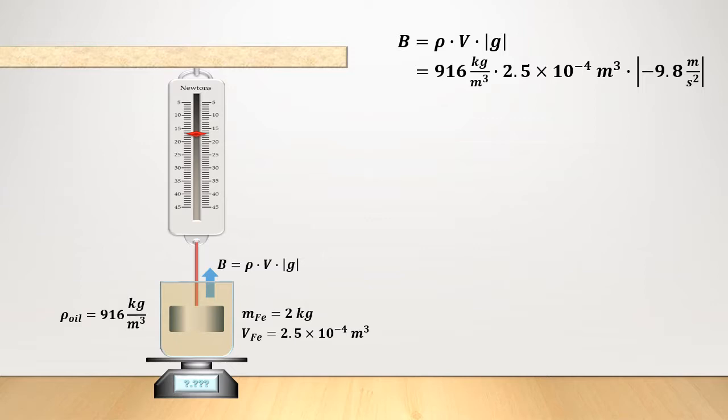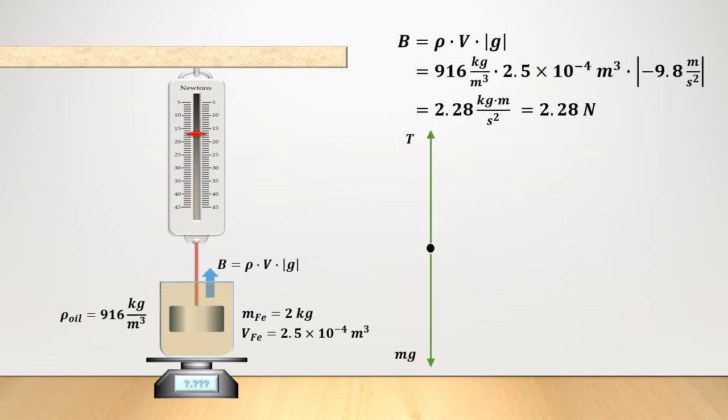Now the reason I'm using the absolute value is that I want this to be an upward force. When we do that math, we see that it is 2.28 kilogram meters per second squared. Of course, a kilogram meter per second squared is a Newton, so this is 2.28 newtons.